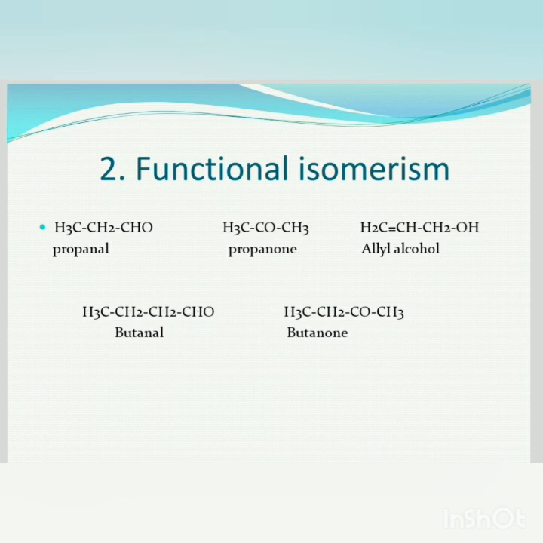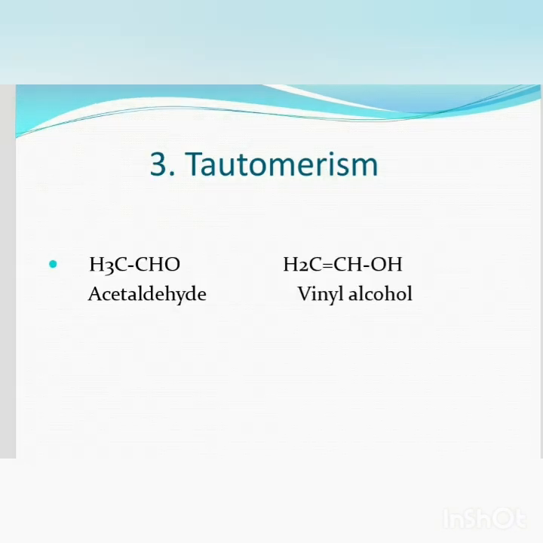The common formula is C4H8O. So here in butanal we have the CHO functional group, and in butanone we have the C double bond O functional group. CHO indicates an aldehyde and C double bond O indicates the presence of a ketone, right? So this is about examples of functional isomerism of aldehydes.